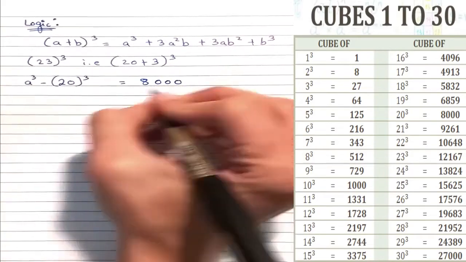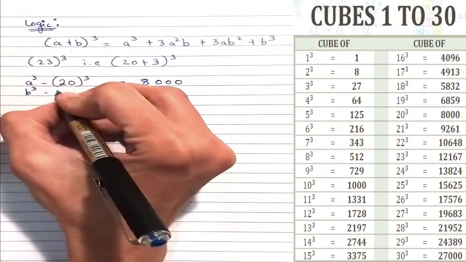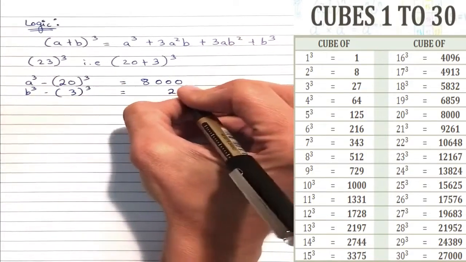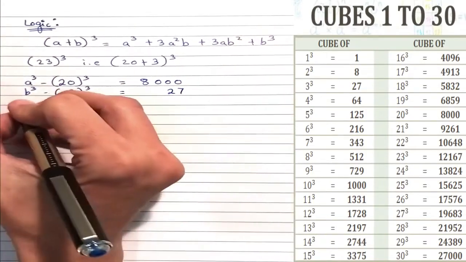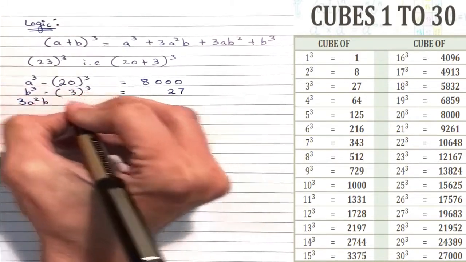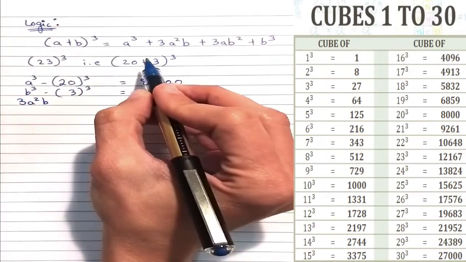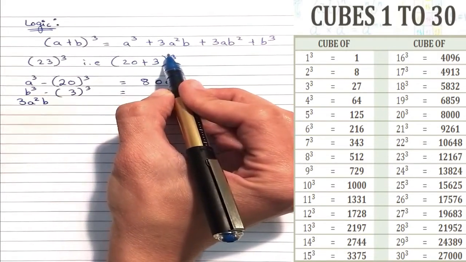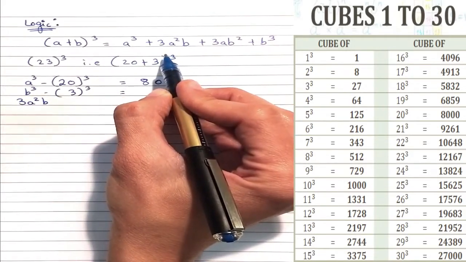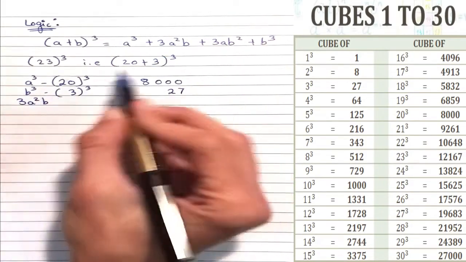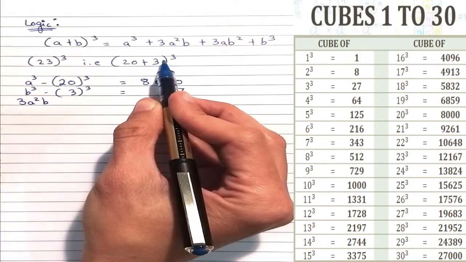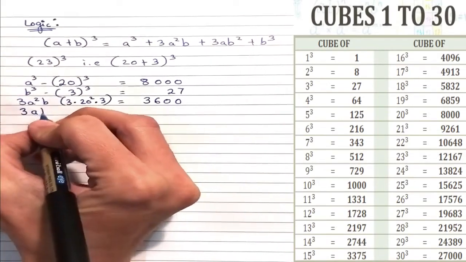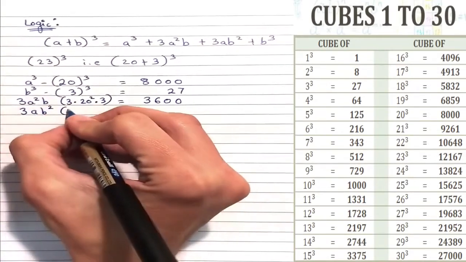Let's simplify this. So a cube will be 20 cube, which will be 8000. b cube will be 3 cube, which is 27. Now 3a square b. So 3 multiplied by 20 square into 3, right? Which will be 3600.